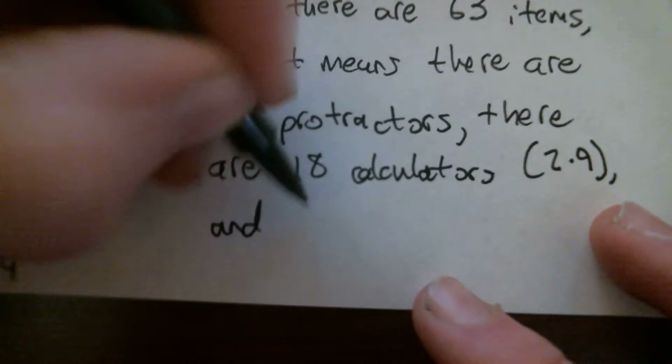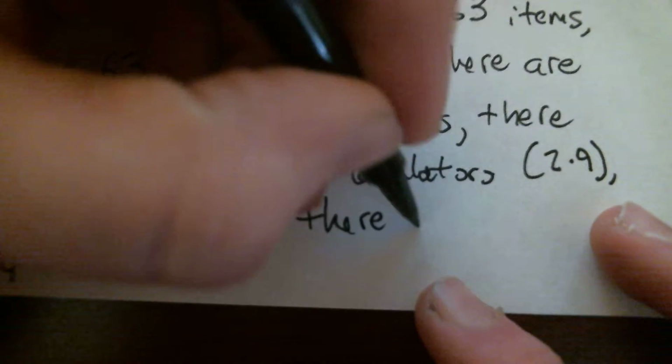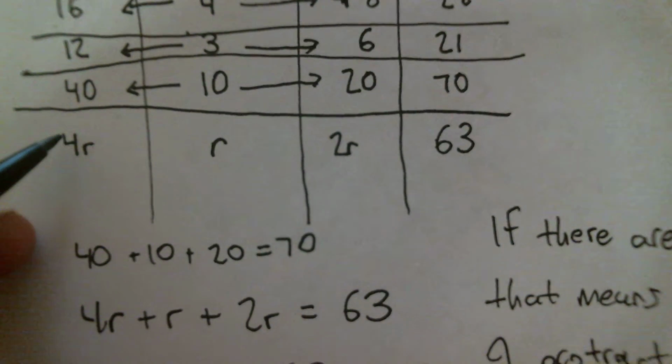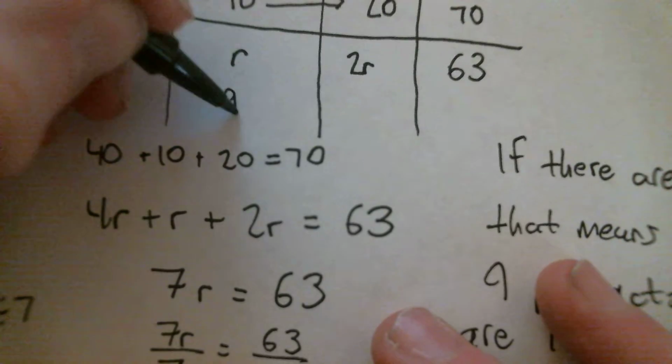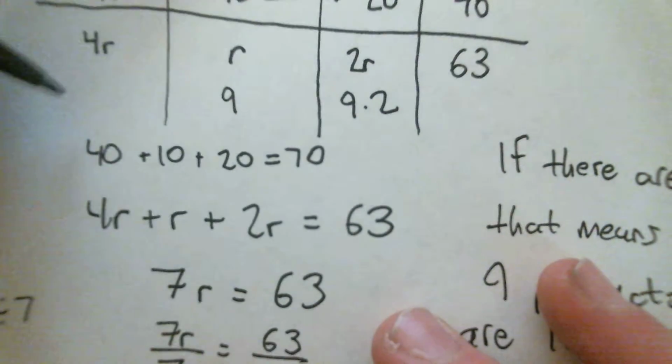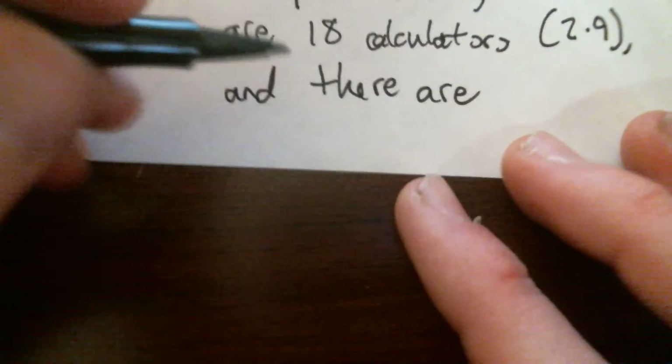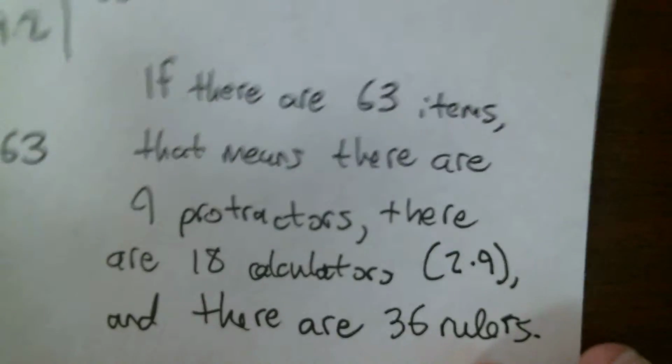How did we get that? Because we took 2 times 9. And how are we going to figure out the number of rulers? Well, R is 9, and remember for each one of these, this means 9, this means 9 times 2, this means 9 times 4, so there must be 36 rulers. So we've got some stuff done here.